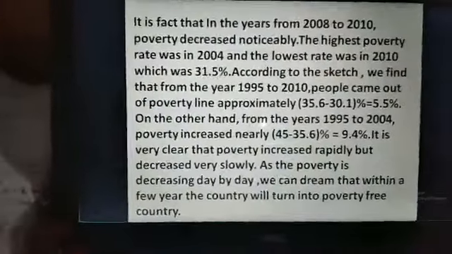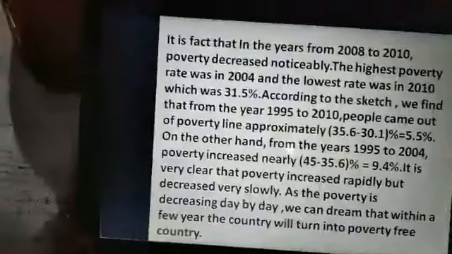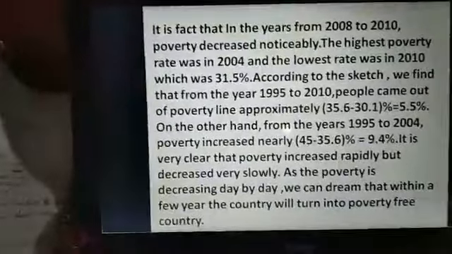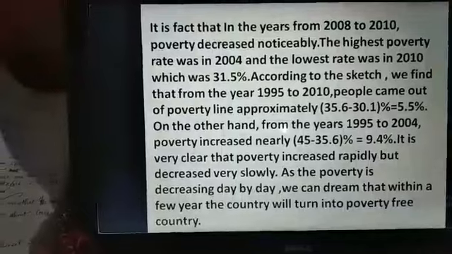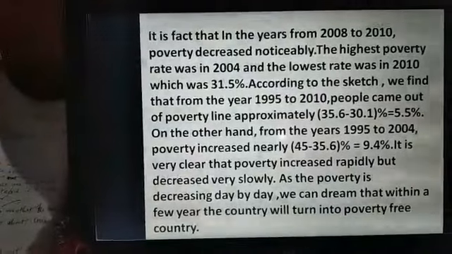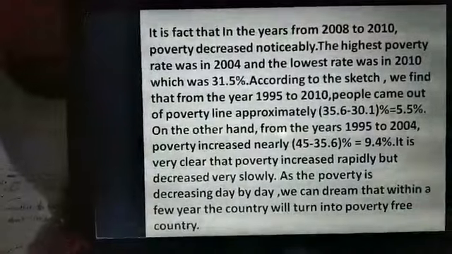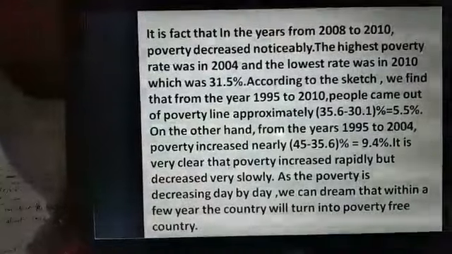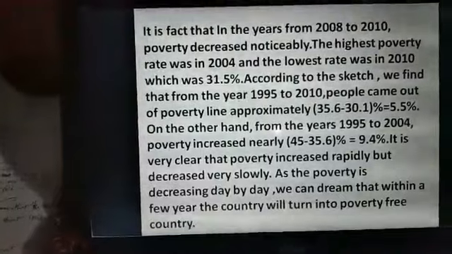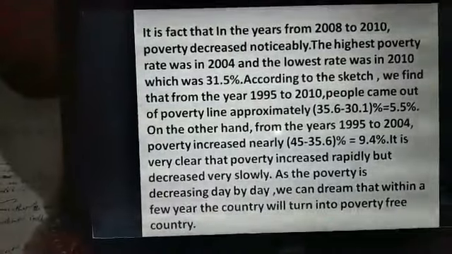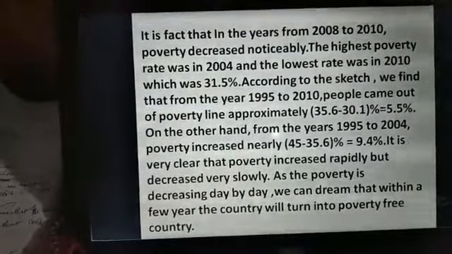And at the last, the concluding portion: it is a fact that from the year 2008 to 2010 poverty decreased noticeably. The highest poverty rate was in 2004 and the lowest rate was in 2010, which was 31.5%.